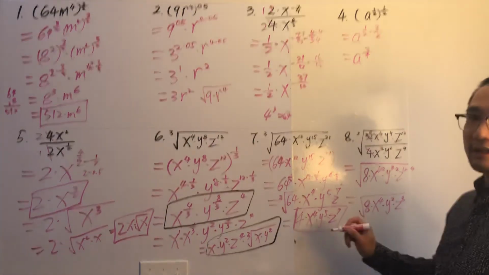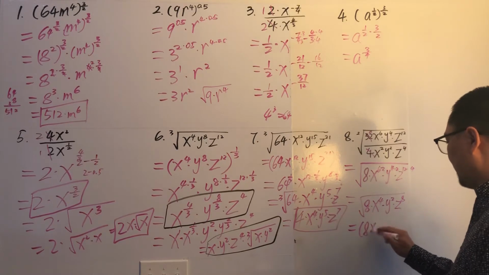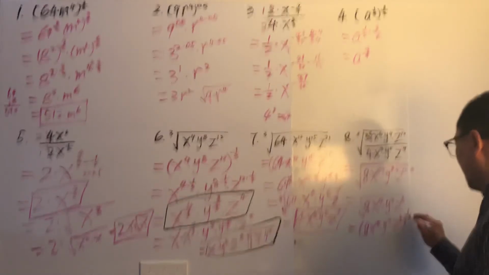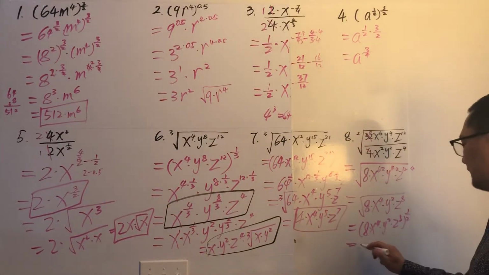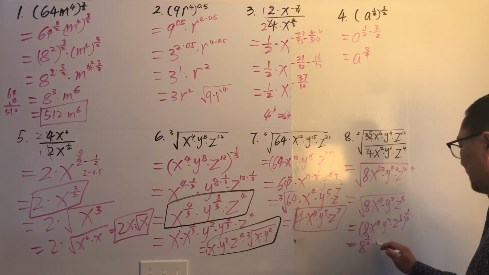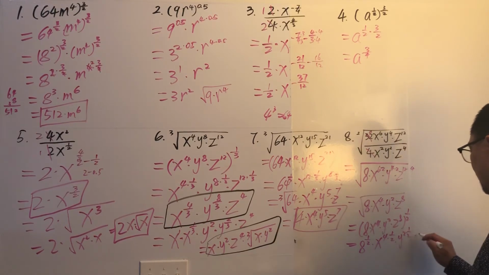And also right now you can rewrite to a fraction: 8 times x^4 times y^2 times z^8, all to the 1/2, because square root means 1/2. Now you can rewrite to 8 to the 1/2 times x to the 4 times 1/2 times y to the 2 times 1/2 times z to the 8 times 1/2.